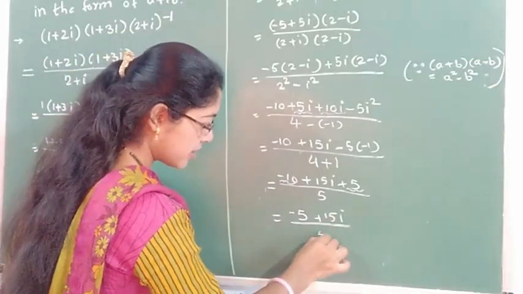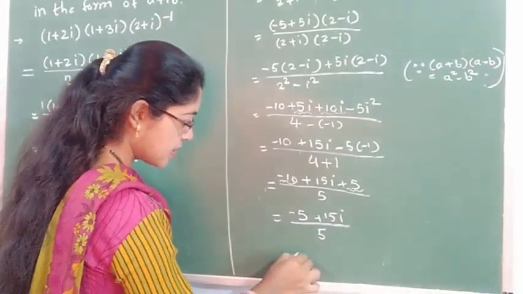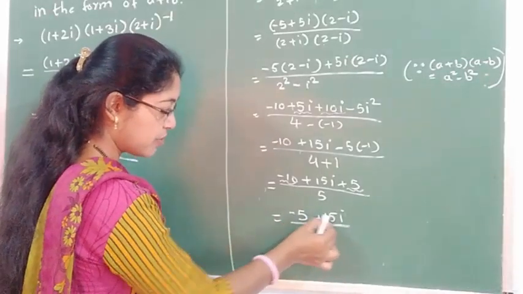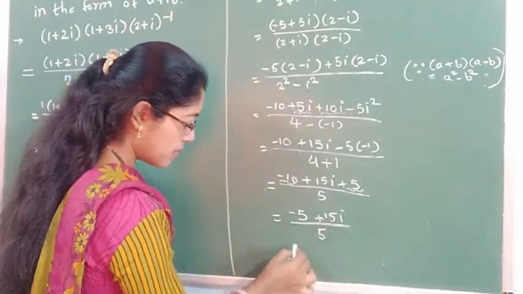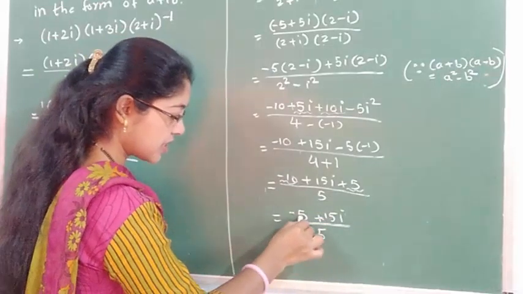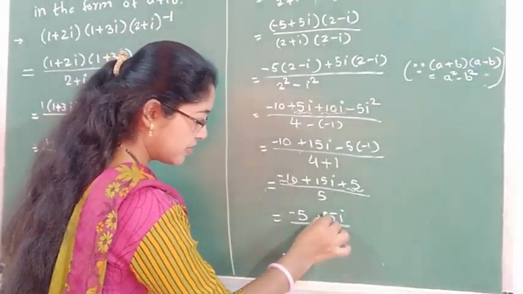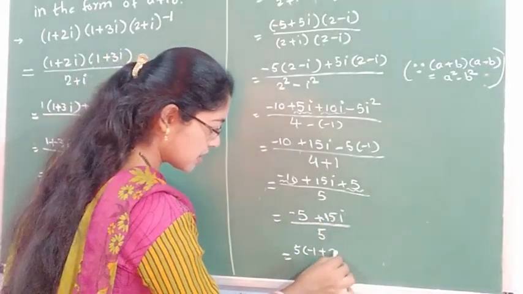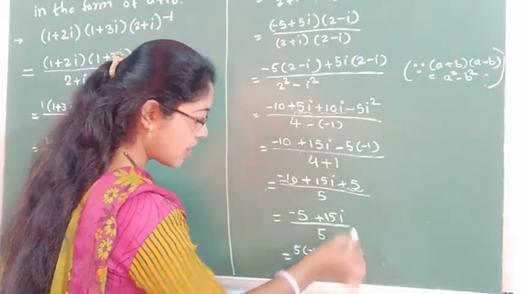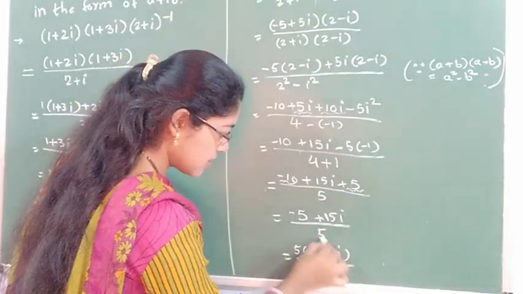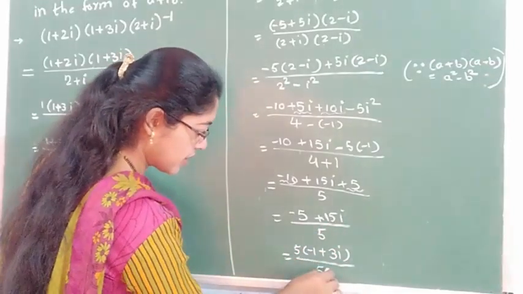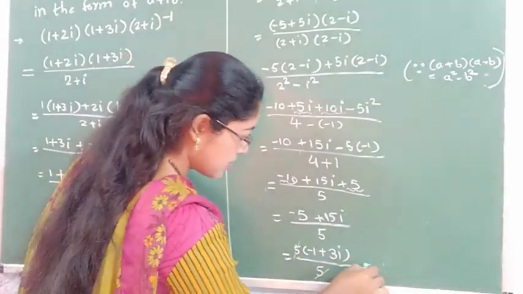Now we take 5 common from these two terms. Taking 5 common, minus 1 remains, plus from 15 taking 5 common we get 3i, divided by 5. So 5 gets cancelled. What is the answer?